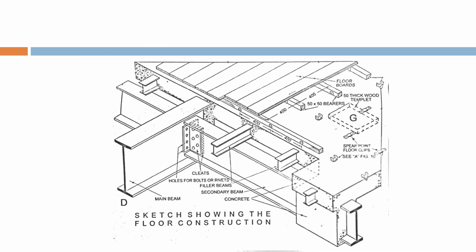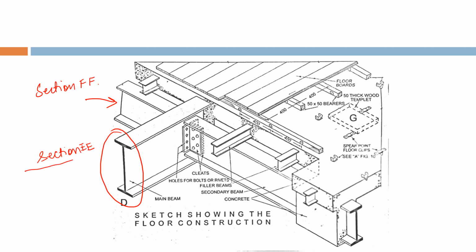Now this is a sketch which is showing the beam in section EE. This is the beam from section FF. Now this was the one which was visible in section EE, and it was passing through the secondary beam.